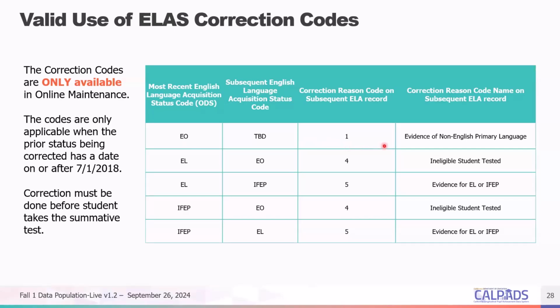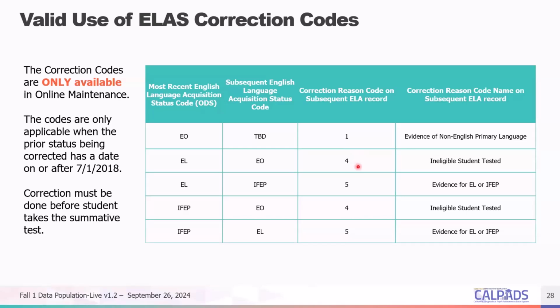The correction reason code 1 is defined as evidence of non-English primary language. And if there's evidence of a non-English primary language, the student needs to be tested with the initial LPAC. So they'll be transitioned from EO to TBD. This is not a standard progression, but it can be made if we populate the correction reason code field with correction reason code 1.